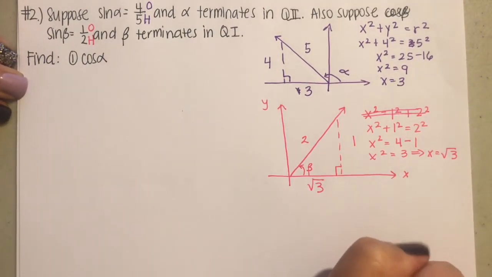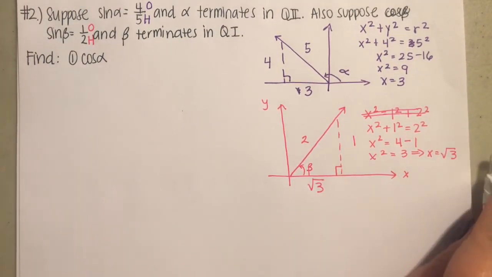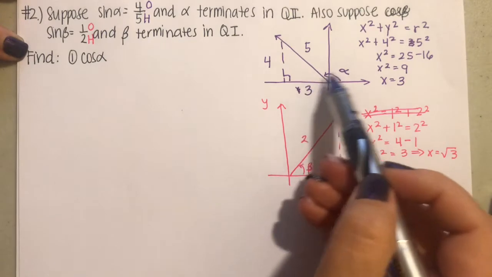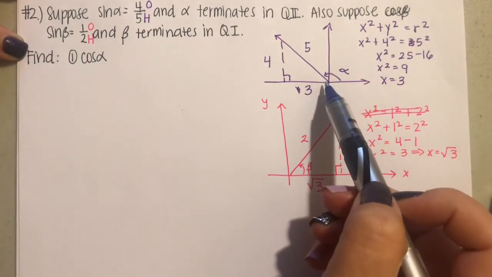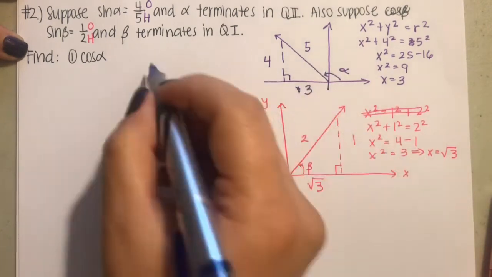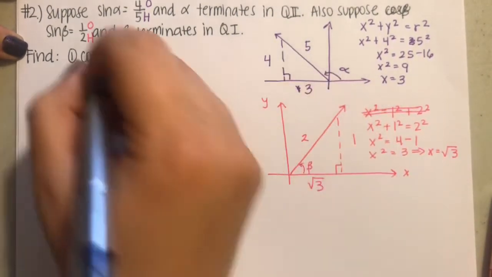Now that we have this, again, we can find any of the trig values that we want to find. So the first one asks us just for a regular cosine of alpha. The reason for that is we're going to use it in the next couple of questions. So alpha is the purple one. From here, we do adjacent over hypotenuse. Again, make sure you correct for the second quadrant.